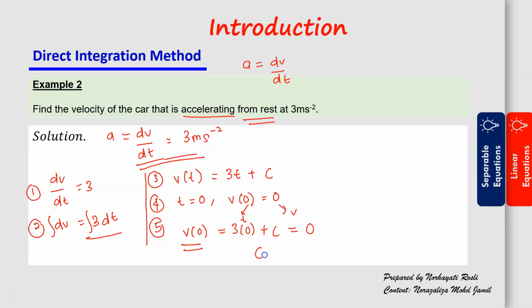So I will have c equal to 0. When I substitute this c equal to 0 in this equation, I finally have the equation of the velocity from the rest when the car is accelerating at 3 meters per second squared, equal to 3t. So this is the unique solution of this problem.